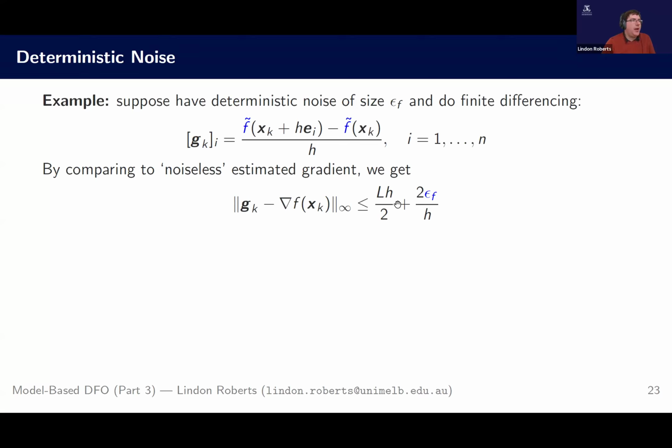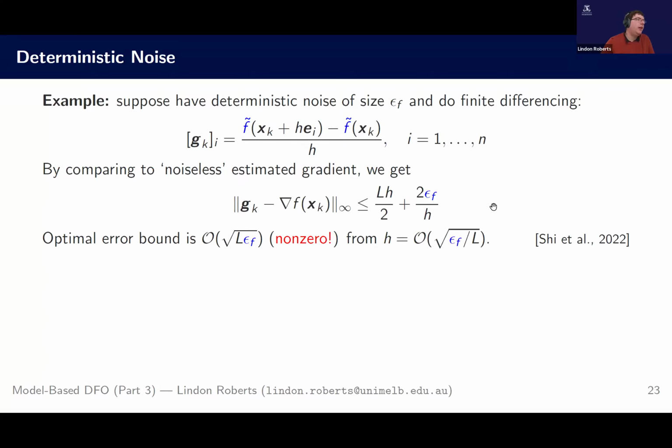Previously, my error was of size order h, where h is the perturbation size. Once I add in noise, it's proportional to h, but there's another term that's proportional to the noise level divided by h. So now I can't improve my accuracy by taking h to 0 as soon as I have noise coming in. This is something that many of us already know when you have finite differencing with round-off errors.